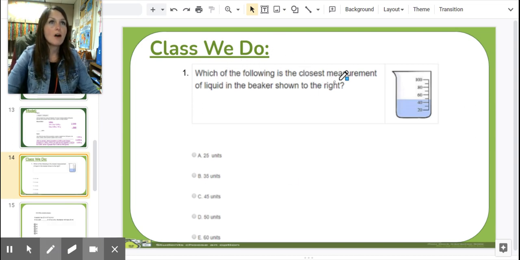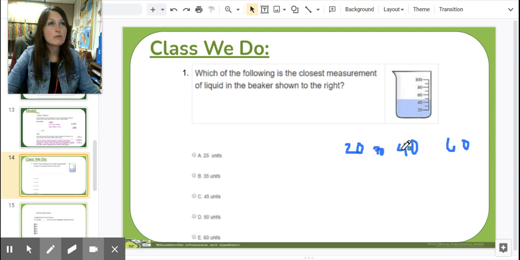Which of the following is the closest measurement of liquid in the beaker shown to the right? If you look at this, you can see that it skip counts. It says 20, 40, 60, 80, 100. So we're skip counting by 20s here. And this is right here in the middle. So if you're counting and you say 20, 40, 60, what would be in between 20 and 40? 30.